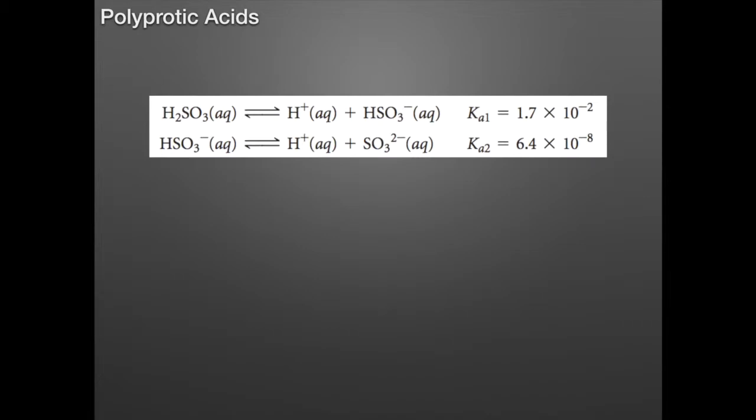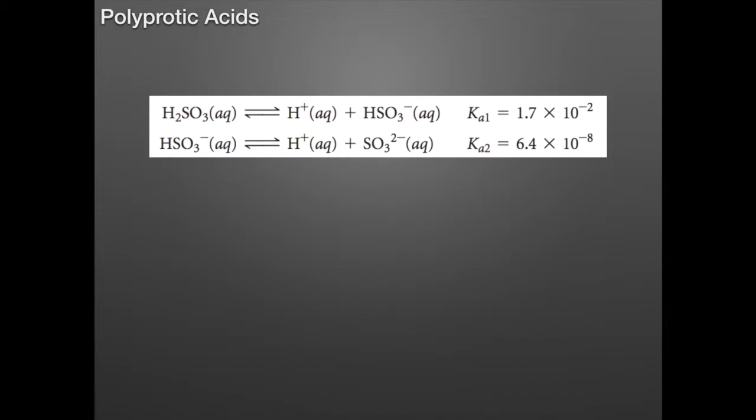Notice the difference in your acid dissociation constants, however. Your Ka1 is larger than your Ka2. Well, let's make sure we understand why. Keep in mind that as soon as you've removed a proton from an acid, that acid now has a negative charge.